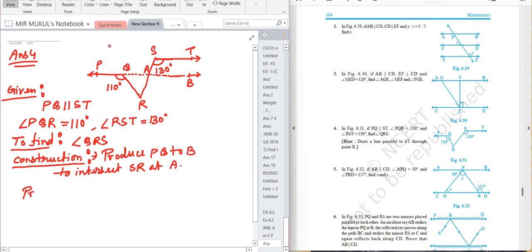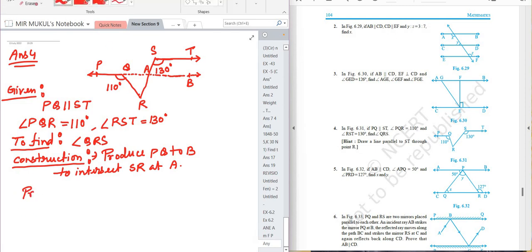Not proof. We have to find the value of QRS. That means this angle we have to find. Understood? So how can we find this value?